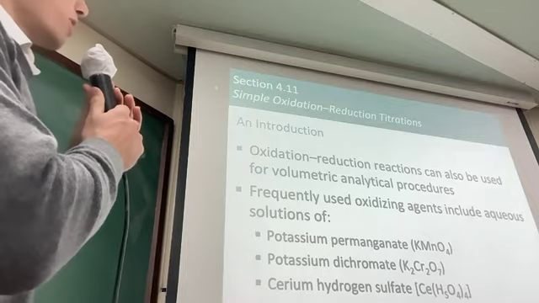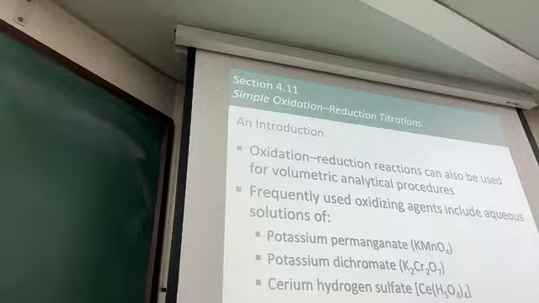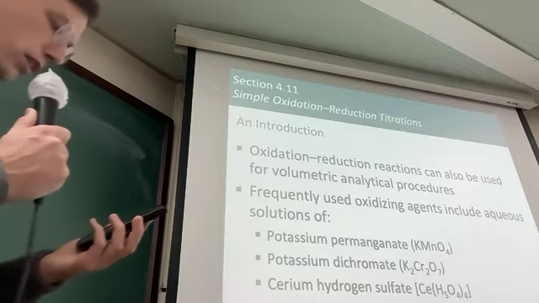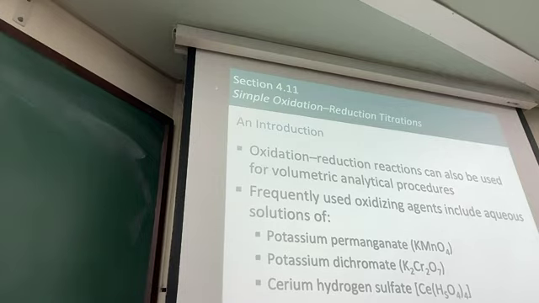Now oxidation reduction reactions, as all reactions, they can be quantitative, meaning they can convert all the reactant to the product, or they cannot, right? But if they are quantitative, then we can use them for titration, right? If you remember, for titration we prefer reactions which are complete, right?